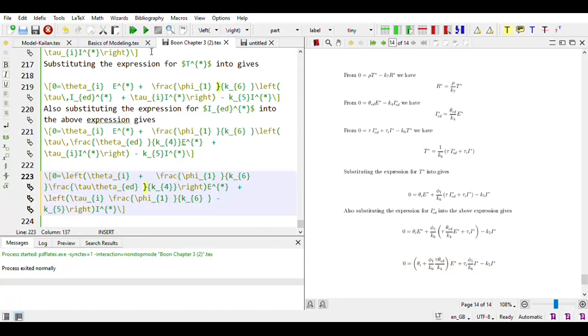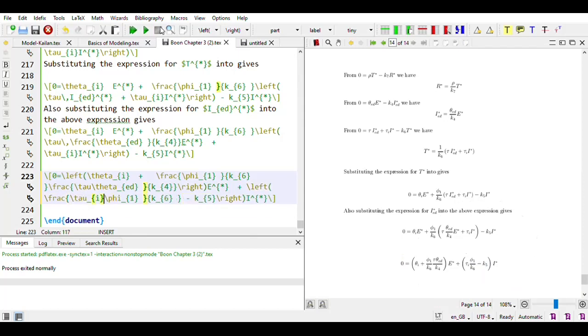So if we do that, we are going to have something like this. Okay, so let me take my tau_I to join its counterpart as a numerator. So let's cut it. And so we have all of these.